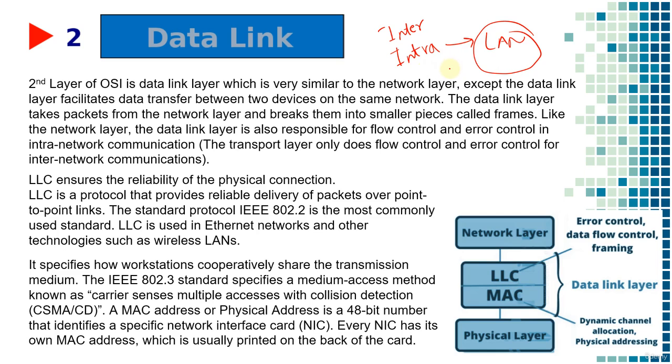You are physically or logically sitting there. But inter, you can take from the word internet. For the internet, you always have to leave your boundaries. Inter-communication is where geographically you are far away from each other. So this is where the transport layer does flow control and error control, in inter-network communication.